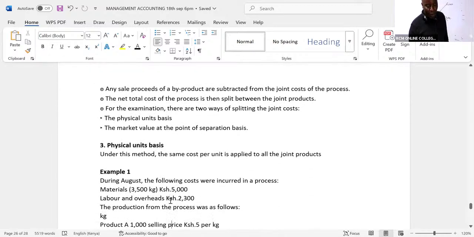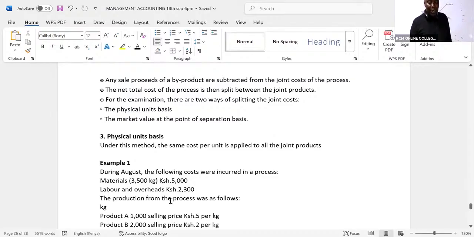Under this method, the same cost per unit is applied to all the joint products. And I have an example there. During August, the following costs were incurred in a process. We have materials, 3,500 kilograms, 5,000. Labor and overheads, 2,300.